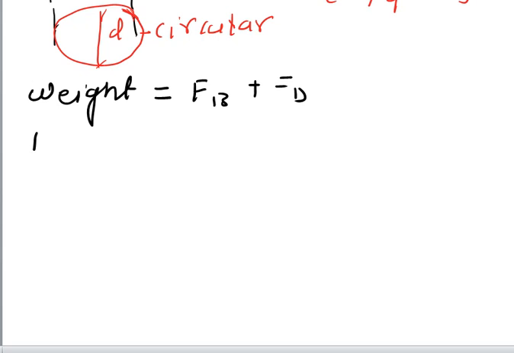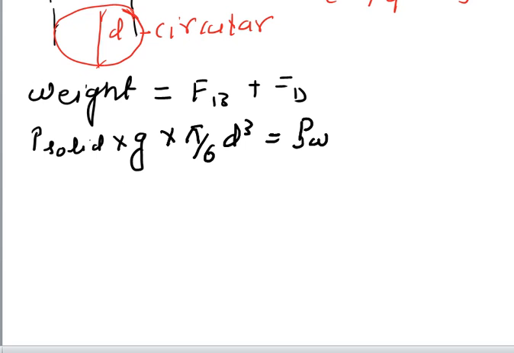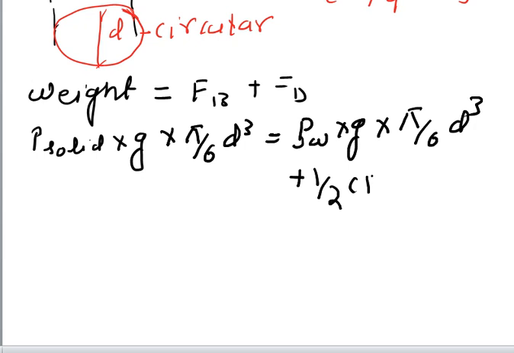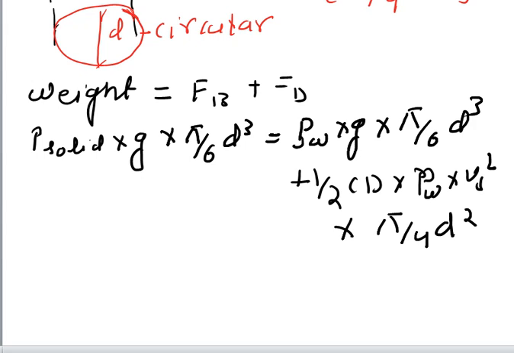So it equals rho solid times g, acceleration due to gravity, into pi by 6 d cube, equals rho w times g into pi by 6 d cube plus half times Cd into rho w into Vs square into pi by 4 d square.